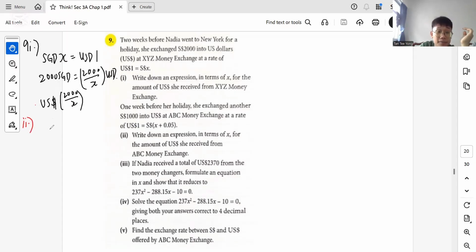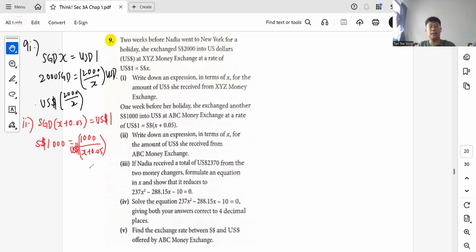So SGD X plus 0.05 is equals to US dollars 1. So she used 1,000 Sing dollars, which is just 1,000 over X plus 0.05. And this is US dollars.